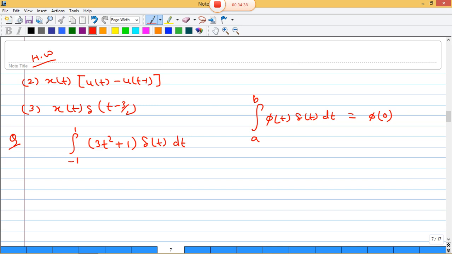And if both are 0, then undefined. So here one is negative, so we can write directly 3t square plus 1 at t equals 0, that one is equal to 1. Clear?